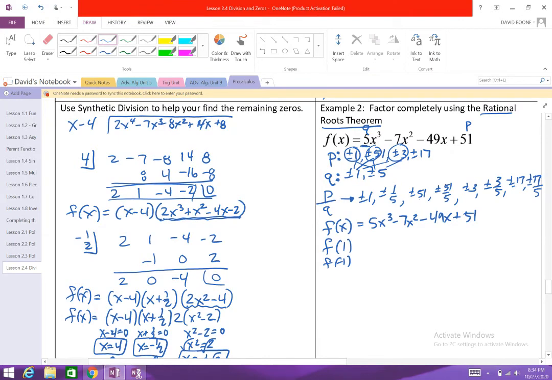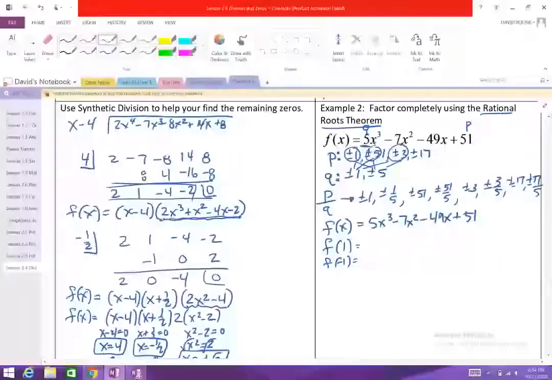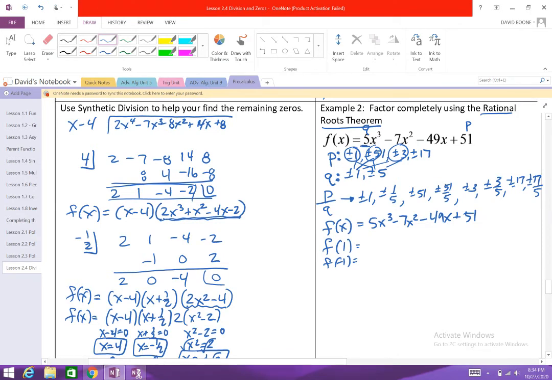You got 2, 4, 6, 8, 10, 12, 14, 16 different options that you got to find out which one of those, when I plug that number in, gives me 0, because then I will know that that is a rational 0, that will have a factor in there.